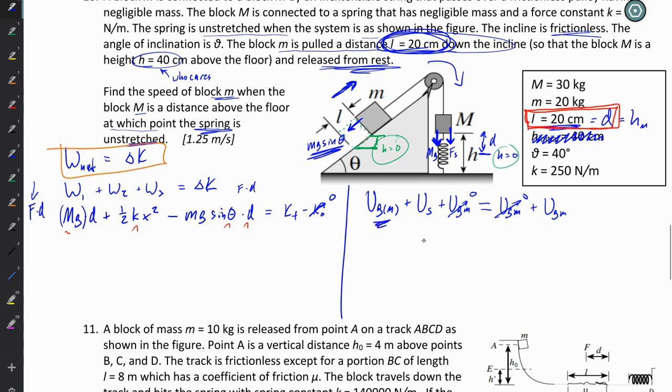So the big one's potential energy became 0. The little one's initially not having a potential energy became some, but then the spring energy became 0 at the end, because it was released. And then finally, there's going to be some kinetic energy of the system.